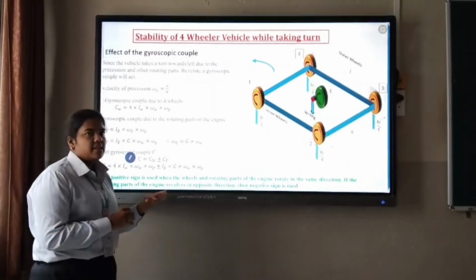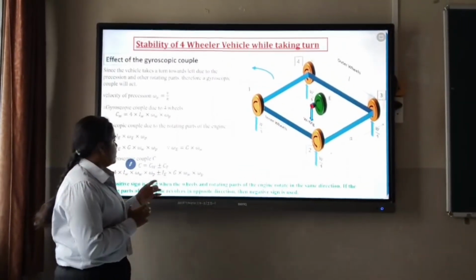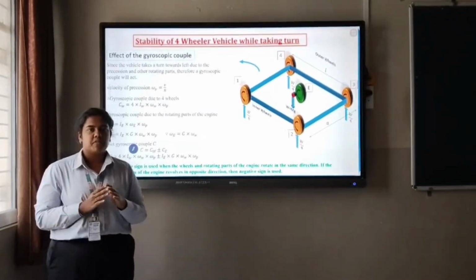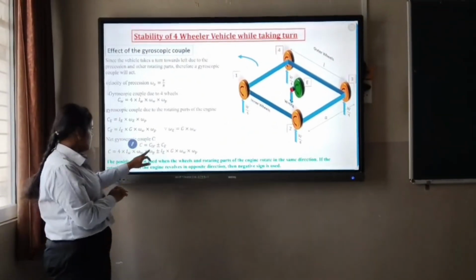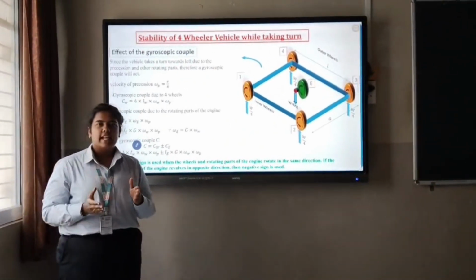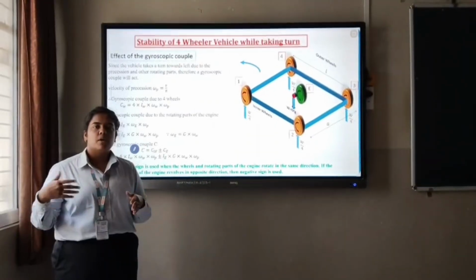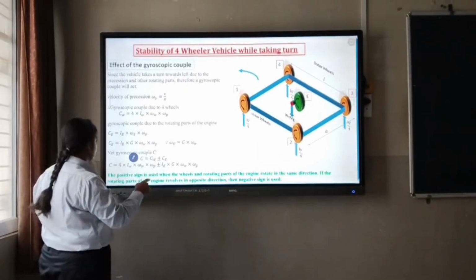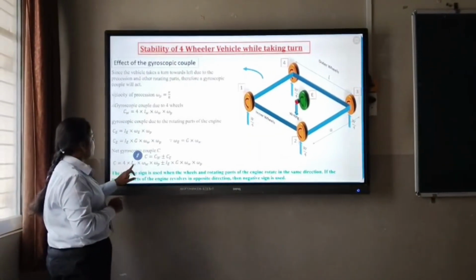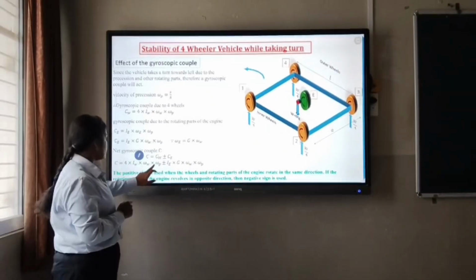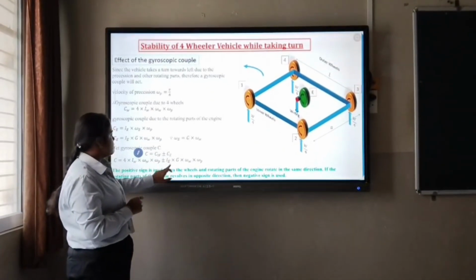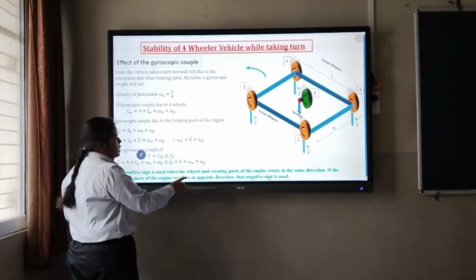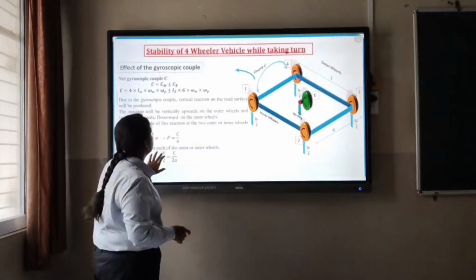We take the positive sign when the engine rotating parts and wheels move in the same direction, and the negative sign when the wheels and engine rotating parts move in opposite directions. Then the net gyroscopic couple acting on the vehicle is C equals 4 into IW into omega P into omega W plus or minus I into G into omega W into omega P.